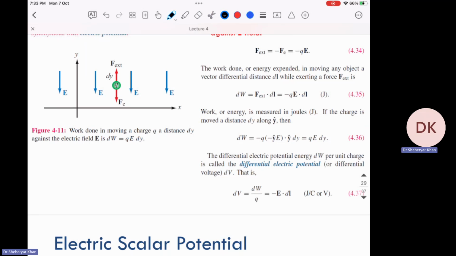Now make this energy, this work done, aligned with the voltage. So how do we convert work done into voltage? Work done per unit charge is voltage. Now divide this by Q and you'll get E dot dl. So what does this dl mean?